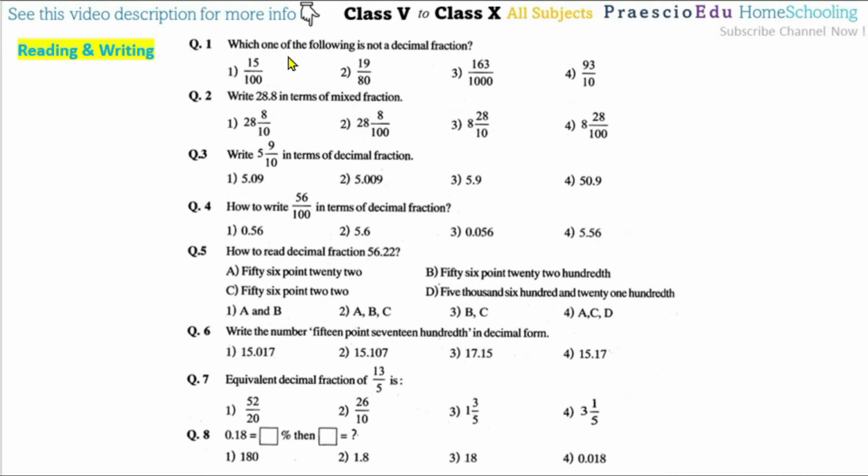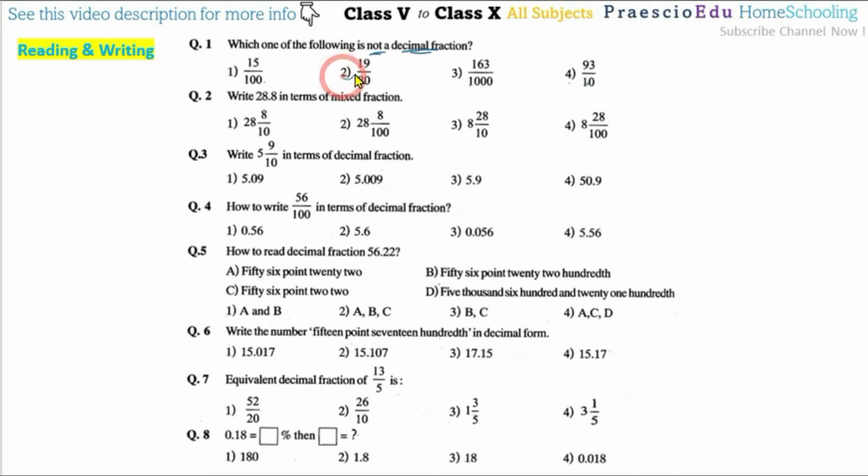Which one of the following is not a decimal fraction? Decimal fractions means the denominator is a multiple of 10. Multiples of 10 means 1, 10, 100, 1000, 10,000, etc. In options number 1, 3 and 4, the denominators are respectively 100, 1000 and 10, which are multiples of 10.